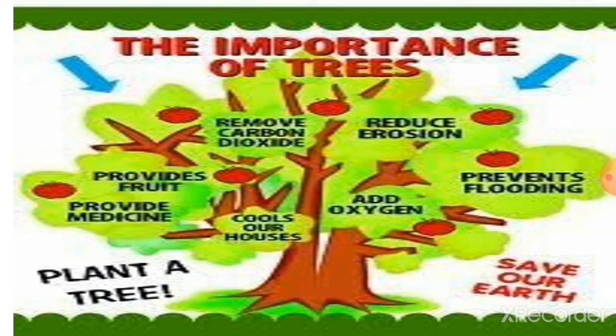Trees take in carbon dioxide and release oxygen, which is needed for human beings. Trees also reduce erosion, prevent flooding, add oxygen, and cool our houses.